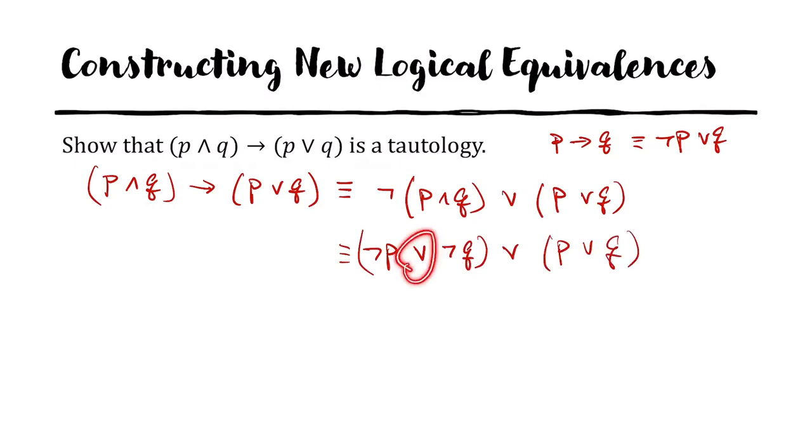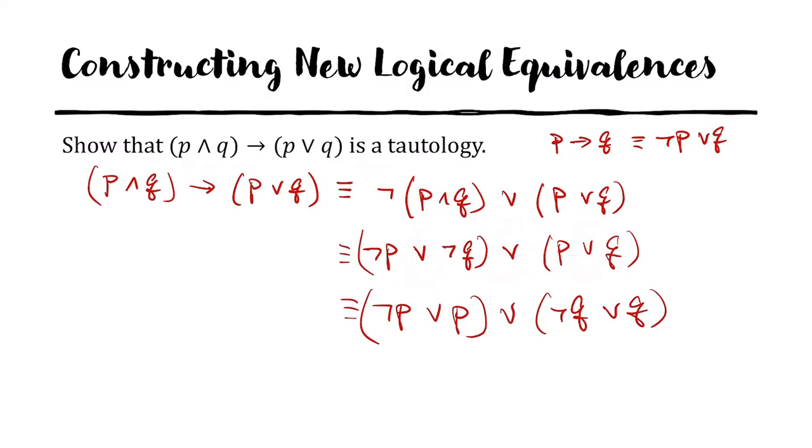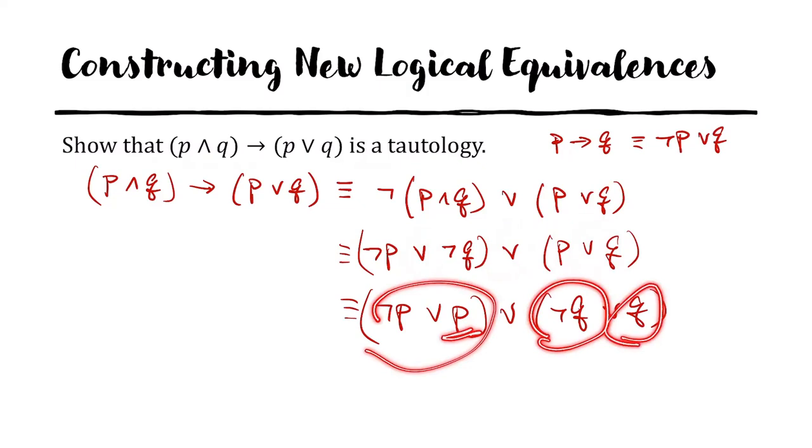Now if you look at it, we have disjunction everywhere. We have or. Now if we have only the disjunction, that means we can apply the commutative law and the associative law, so you can do it in any order you want. So I will group the not P with the P together and not Q with the Q together.